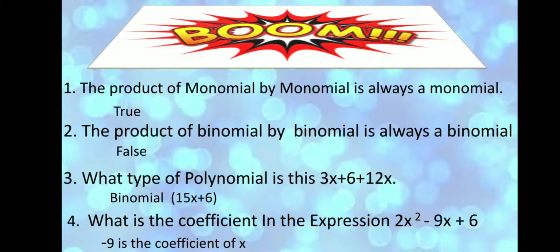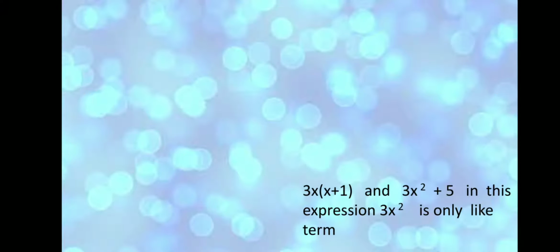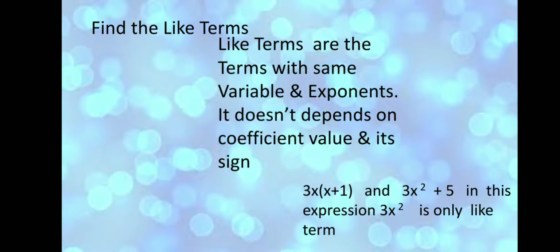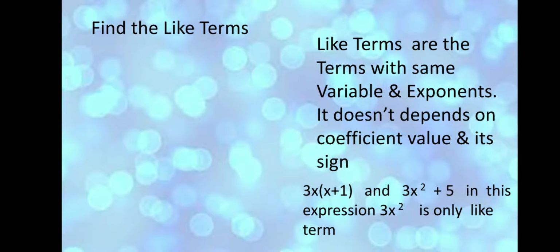Now we'll have one more small question, which is to find out the like terms. The like terms are the terms with the same variable and exponent, and it doesn't depend on the coefficient value and its sign.